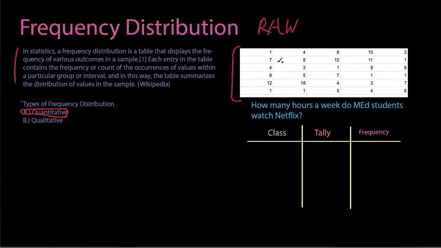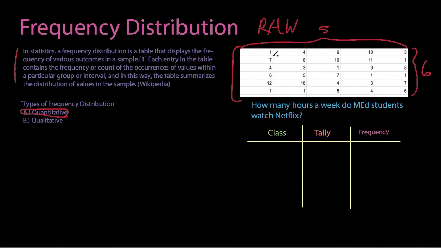All right, so we look at the data here and we know that there are exactly 5 columns and there are 6 rows. All right, so that means there are 30 participants that we asked, and they all gave us an amount of hours in a week that they watch Netflix.